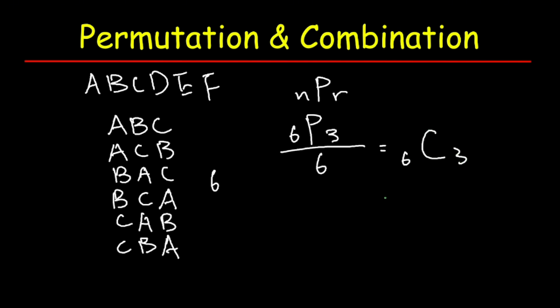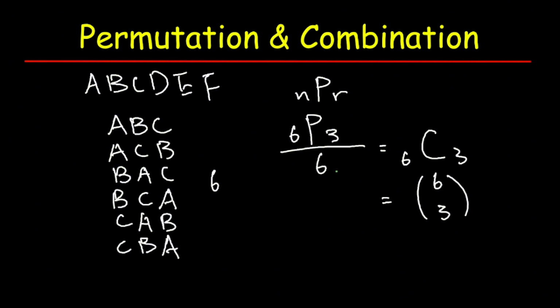Some other mathematics books might also represent this like this. So, just to keep in mind if you ever see both notations. I believe IB mainly uses this, but it's still good to know both versions. The question is now, how do we know what number to divide by?